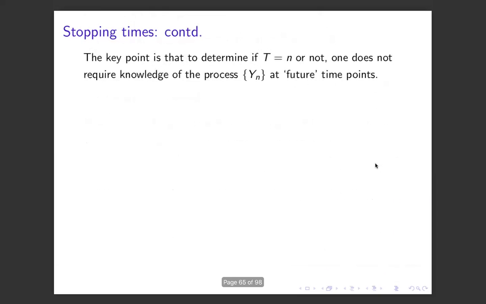The key point is to determine if T equal to n or not. One need not require the knowledge of the future time points.